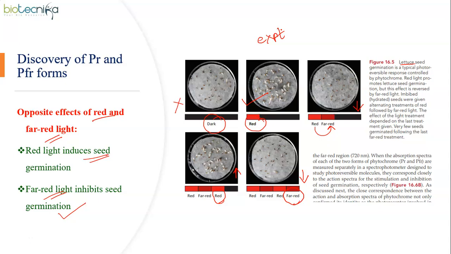Just a simple logic you need to remember: red light is the one that promotes seed germination. If you keep this concept in your mind, any question related to this experiment can be easily cleared.